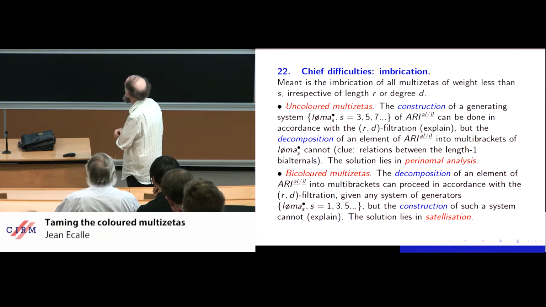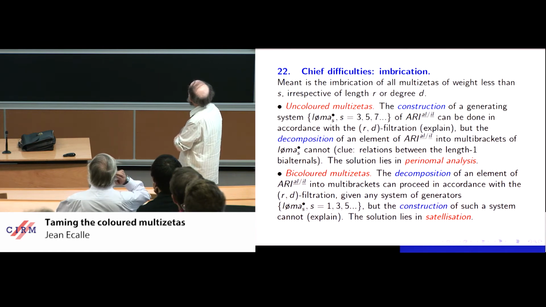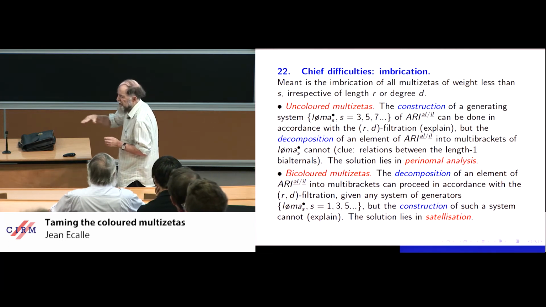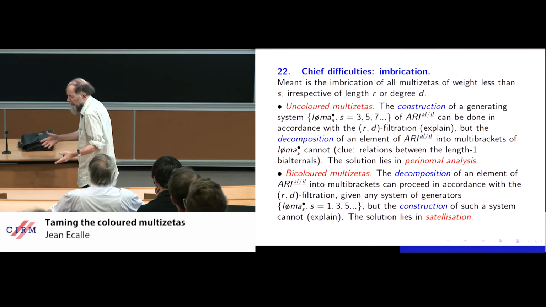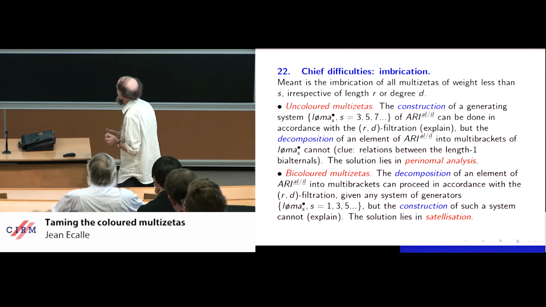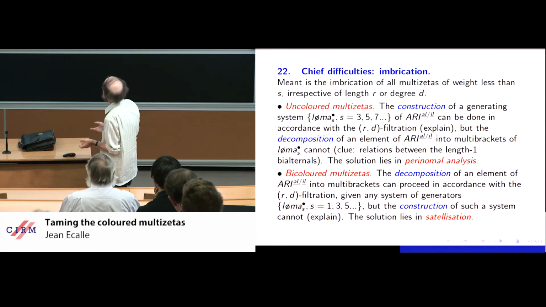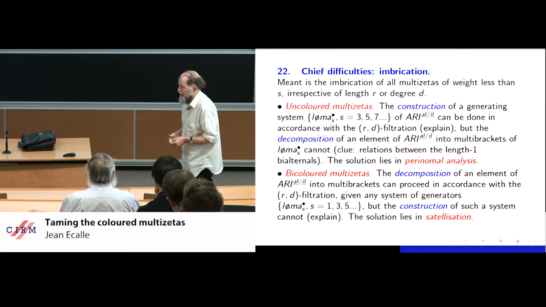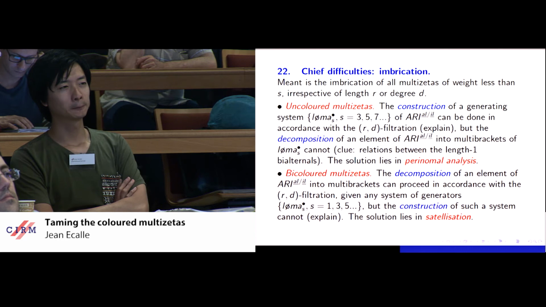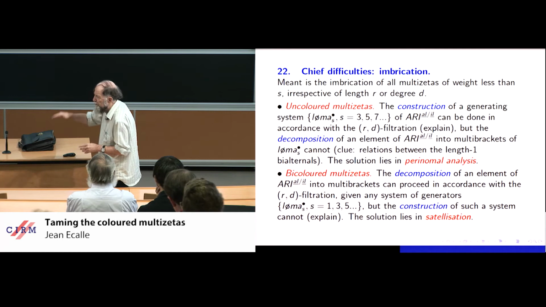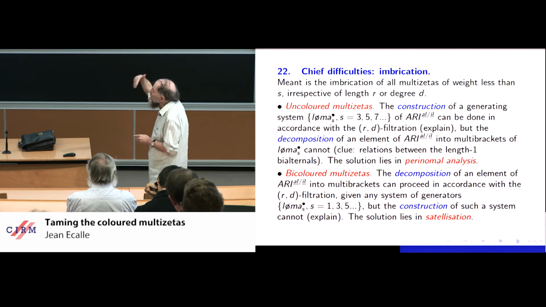In the case of uncoloreds, there is no problem constructing; the induction works fine. At each length you express everything, and you can proceed nicely. But there are indeterminacies: when you express an element of the algebra in terms of a basis, there will be indeterminacies which will get cancelled or made good only at the later stages.